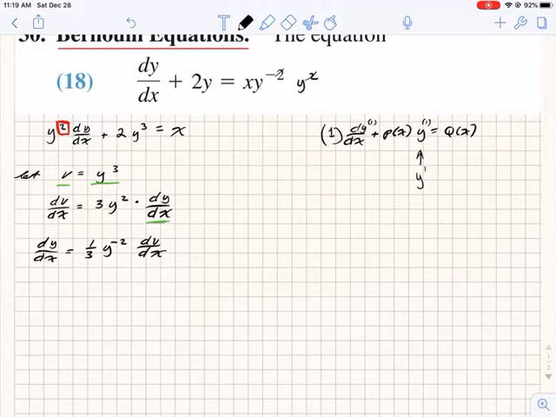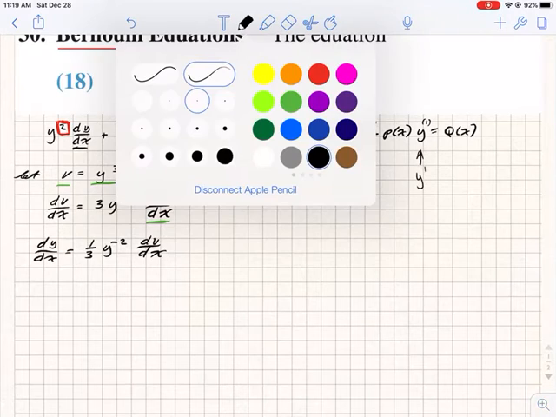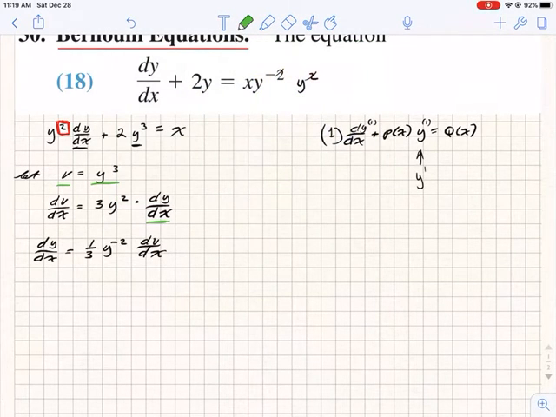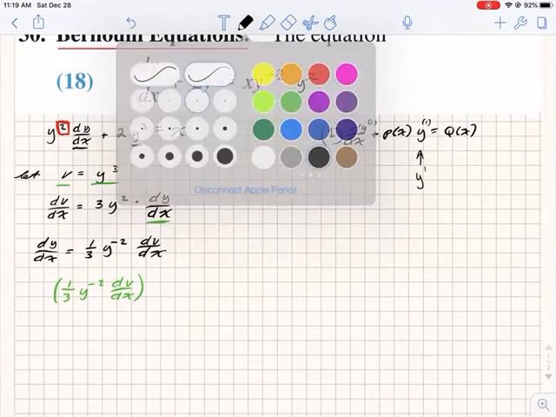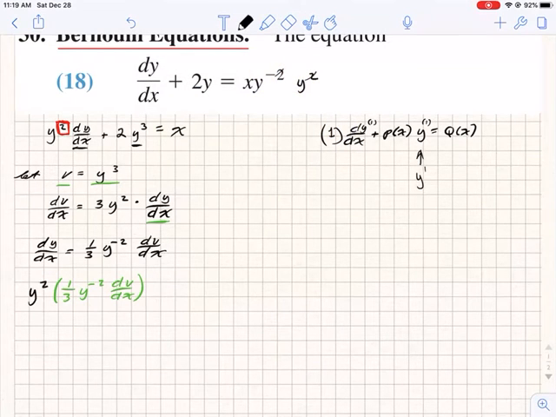Now substituting in dy and y, I'm going to substitute it in green so that you could see it. This is 1/3 y to the minus 2 dv over dx. And we have this y squared.